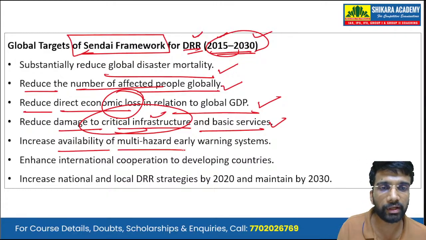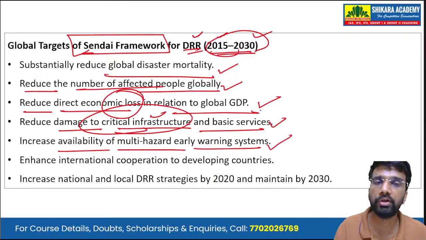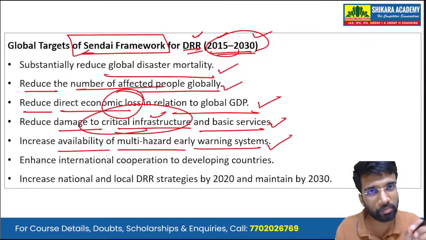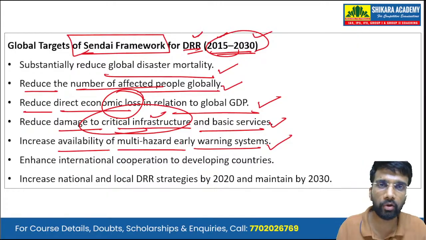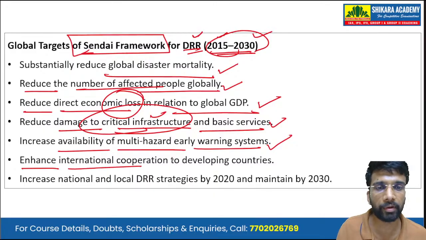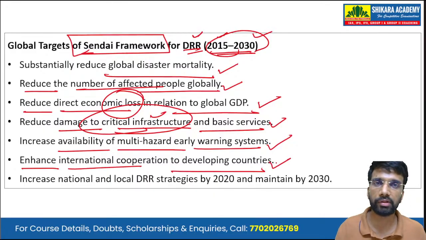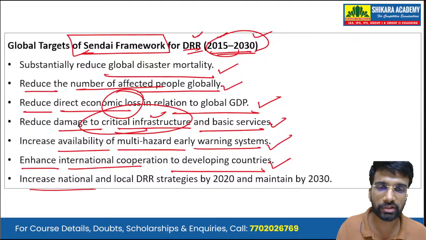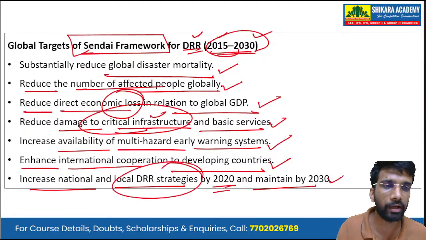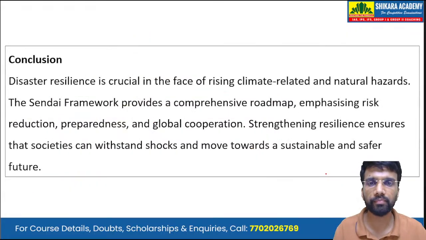Increase availability of multi-hazard early warning systems. Okay, there should be early warning systems, and these should be for multiple hazards, not limited to any one disaster. Then there is enhanced international cooperation for developing countries. Increase national and local disaster risk reduction strategies by 2020 and maintain by 2030.